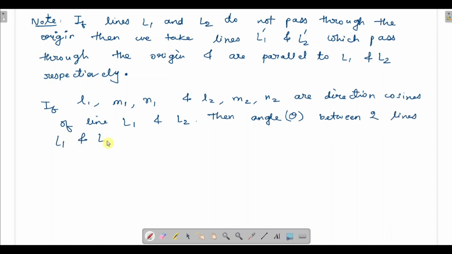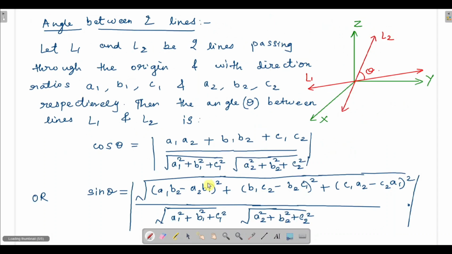L1 and L2 is, so that is nothing but cos theta equal to modulus of L1 L2 plus M1 M2 plus N1 N2. Okay, because the magnitude, root of L1 square plus M1 square plus N1 square, is 1. So this here will be 1, and similarly this part.